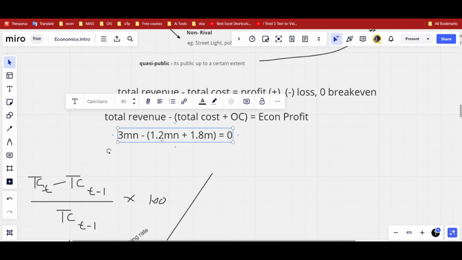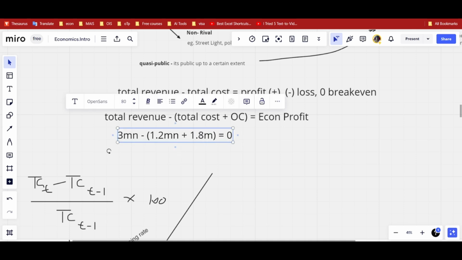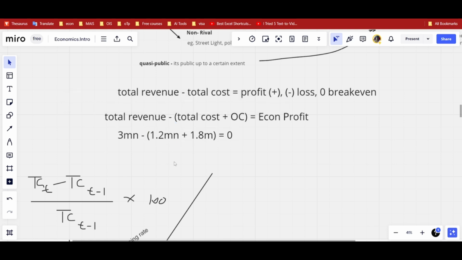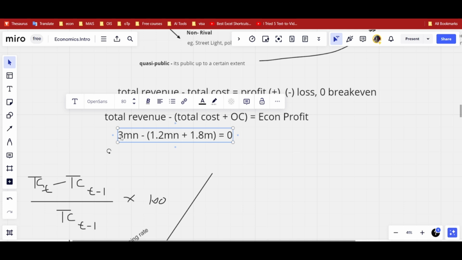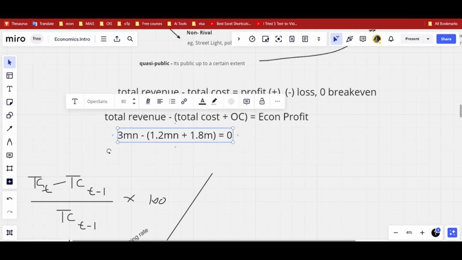And your total cost is 1.2 million, but if you were working, you could be making 1.8 million. So basically, this is the money that you're giving up for doing a business, where you're only making 1.2 million. If we look at it from the economic perspective, then yes, of course, your business looks like it's making money, which is the 1.8 million, right? But then we're saying you could also be making a salary of 1.8 million if you were working.